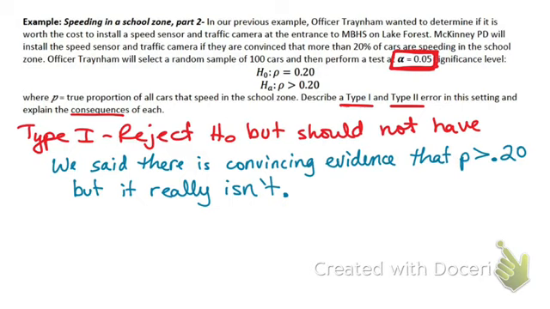But that was the wrong decision. So what's the consequence here? We get the speed sensors and traffic cameras, but did we need them? No, we didn't. So we have wasted McKinney PD money.